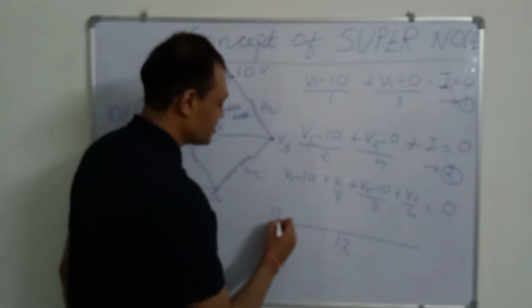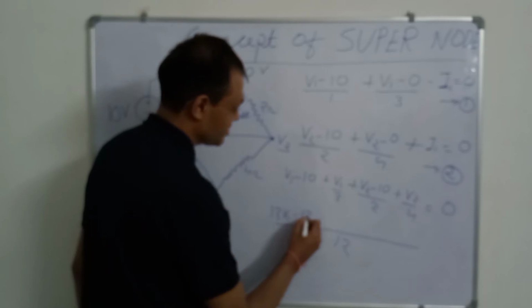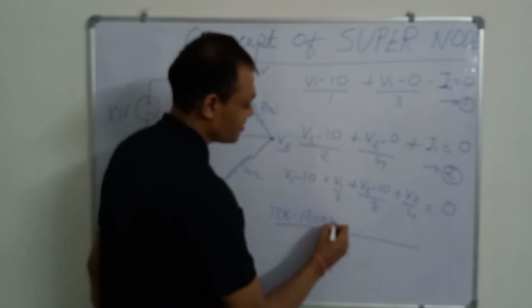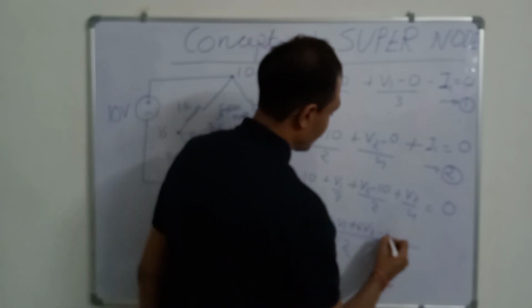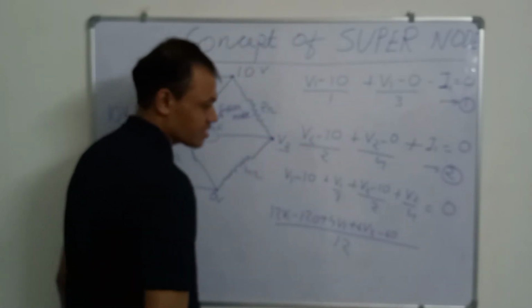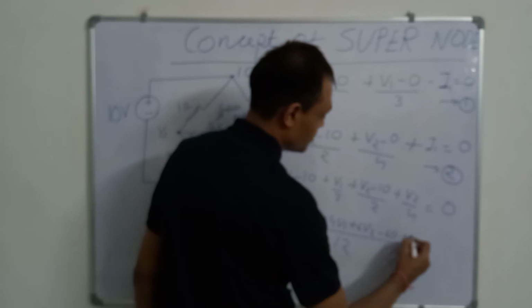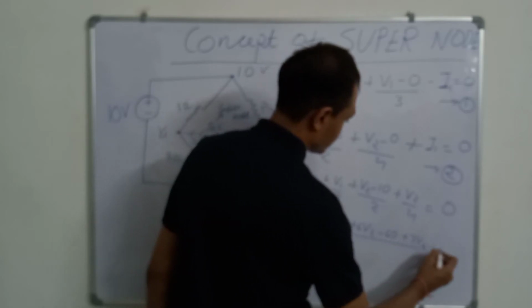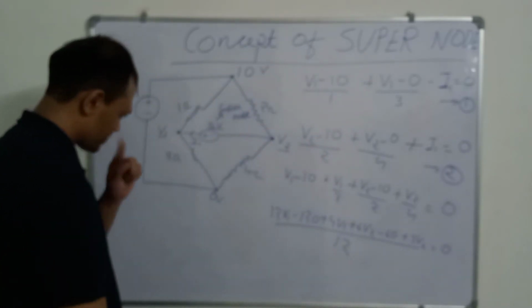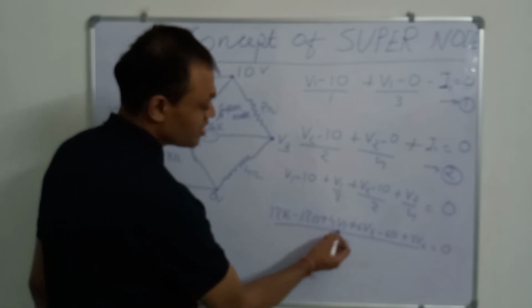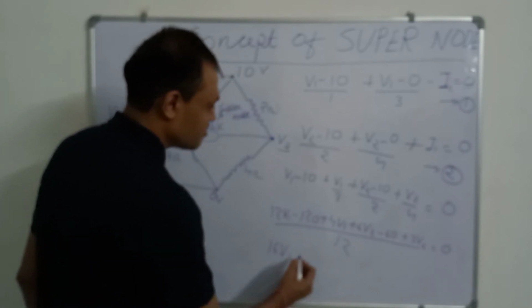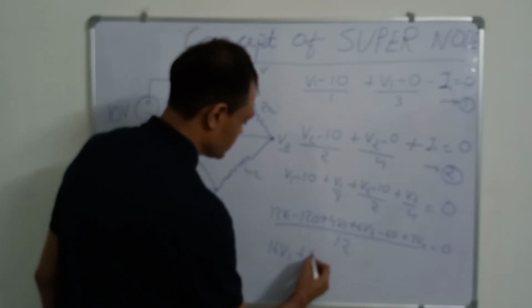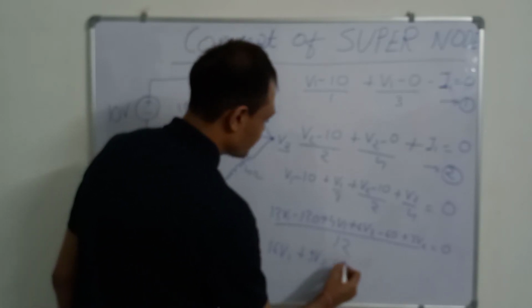So 12V1 minus 120 plus 4V1 plus 6V2 minus 60 plus 3V2 equal to 0. So we have 16V1 plus 9V2 equal to 180.